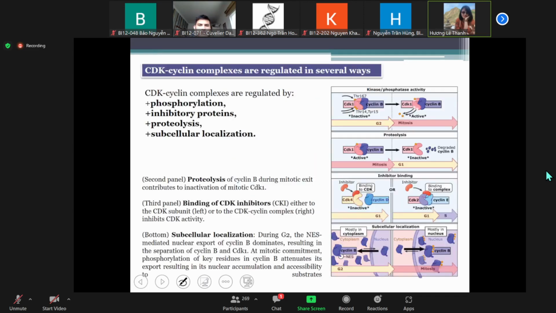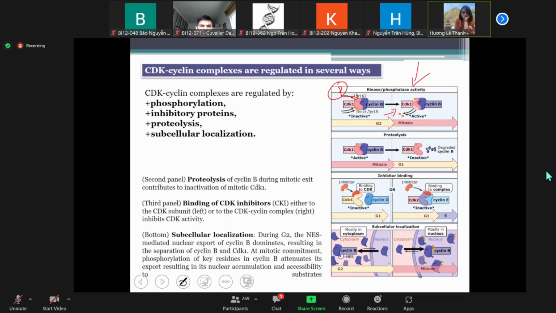Although the binding of cyclins is the primary means of regulating CDK activity, other control mechanisms are also used. One is phosphorylation: they bind together, and with the help of the phosphate, when one phosphate group sticks in here, they become the active form. And when they become active, the cell moves through G2 into mitosis.